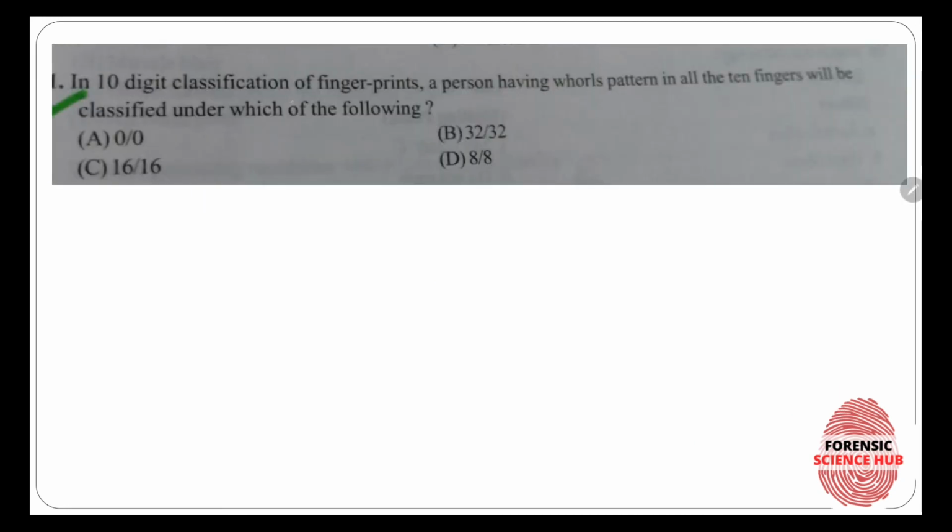Now let's have a look at the next question. In 10-digit classification of fingerprints, a person having whorls in all the 10 fingers will be classified under which of the following? So since there are whorls in all the fingers, we have to multiply all the fingers by 1. Like, quickly draw this: 16, 16, 8, 8, 4, 4, 2, 2, 1, 1. So all these have to be multiplied by 1, since we know that all the 10 fingers are having a whorl pattern.